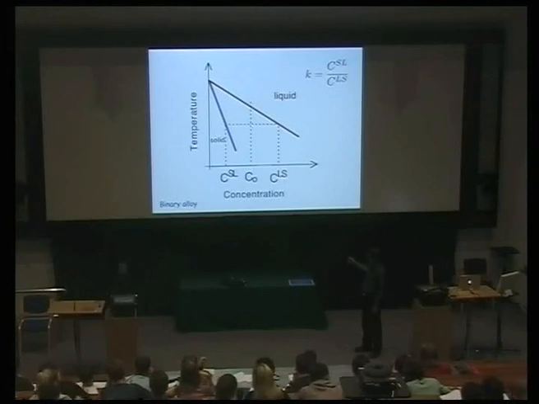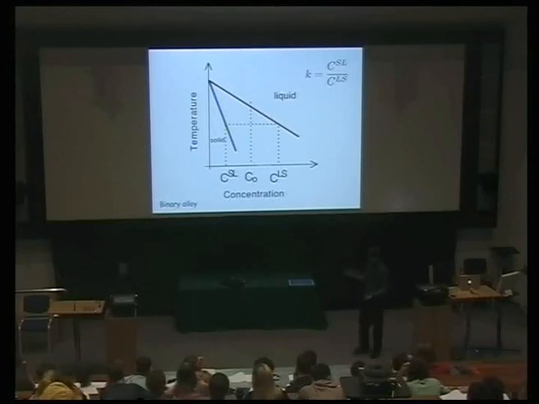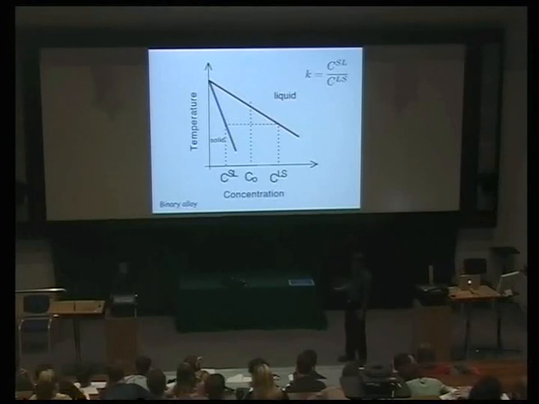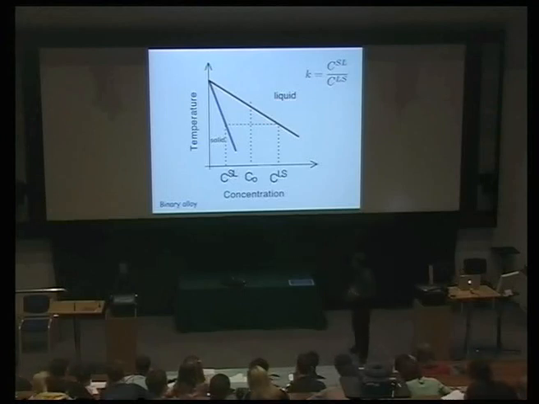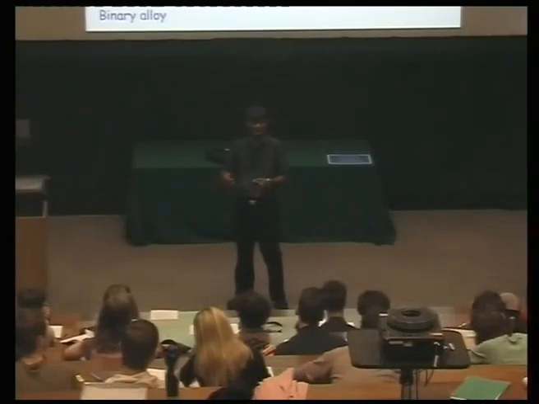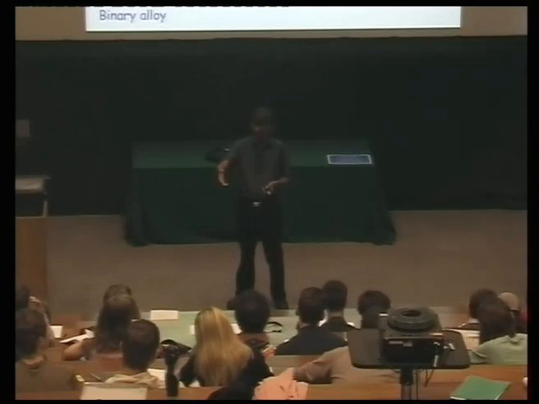Okay? So if I have my alloy at this temperature, then the equilibrium composition of the solid is this, and the equilibrium composition of the liquid is that. Okay? So the terminology here means that this is the concentration of solute in solid, which is in equilibrium with liquid. So you can't talk about the equilibrium composition of a solid in isolation. You have to say that it's the equilibrium composition when it's in contact with something else.